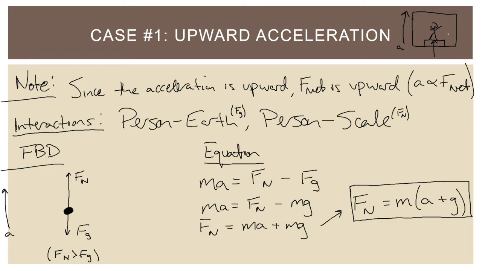Now, the way we determined what the free body diagram looked like, based on the information given about the acceleration, is really one of the more important points here for this problem. And so I want to take a second to summarize that thinking before we move on to the next case.